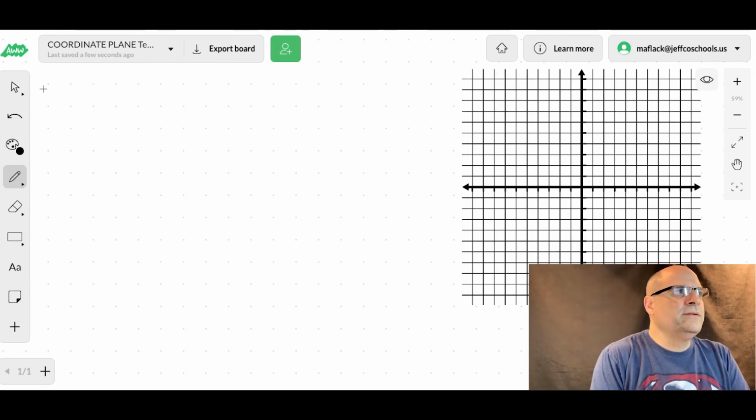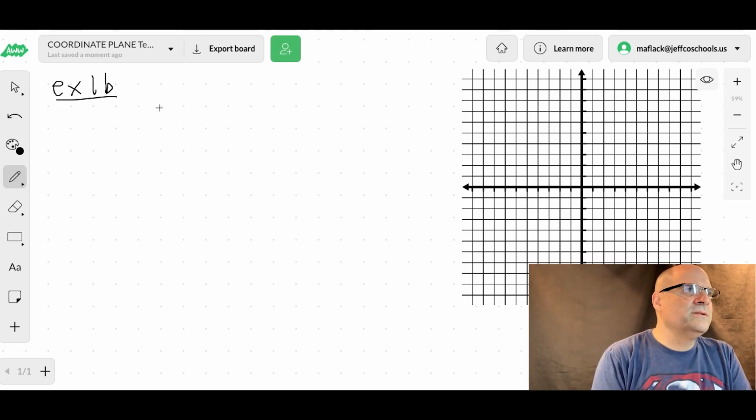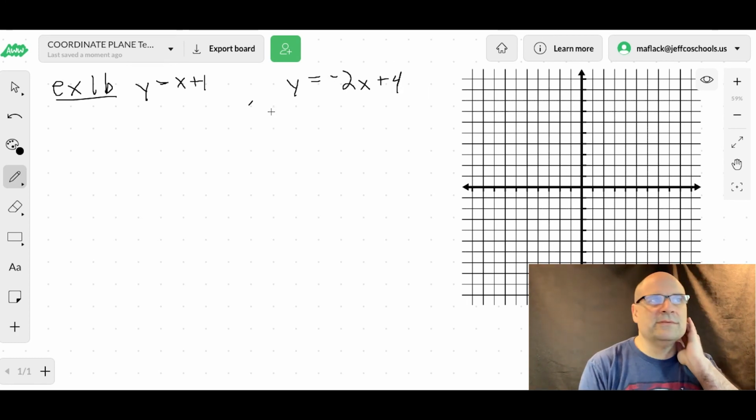Okay, so we're going to try another example. Example 2 in the book is a little different, so we're going to try this example 1b. Let's just do the same one: y equals x plus 1, and y equals negative 2x plus 4. Okay, these are our 2 equations, right?